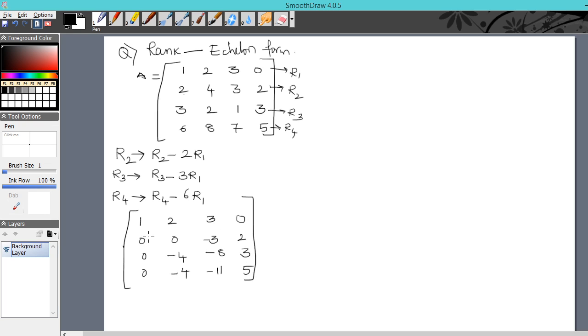Afterwards, we made all these three 0, and then we make these two as 0. But here already one 0 is there. This is R2, this is R3. I'm just interchanging these two rows, R2 and R3.